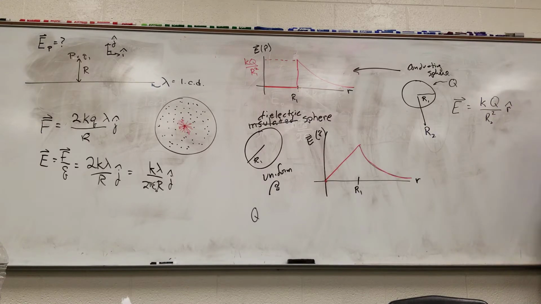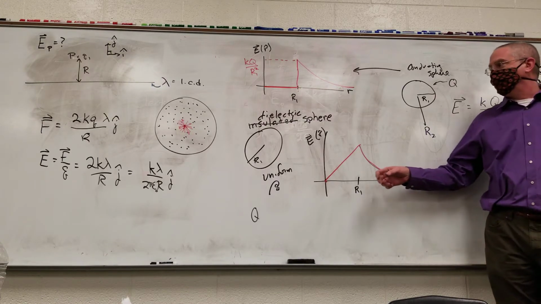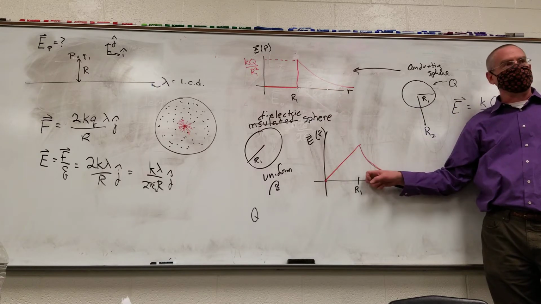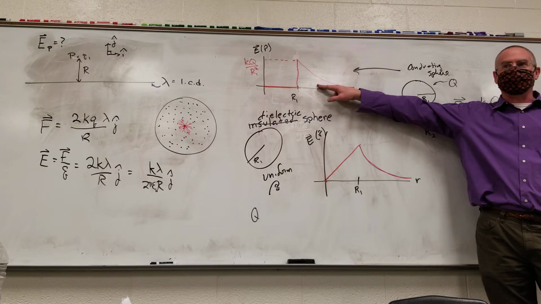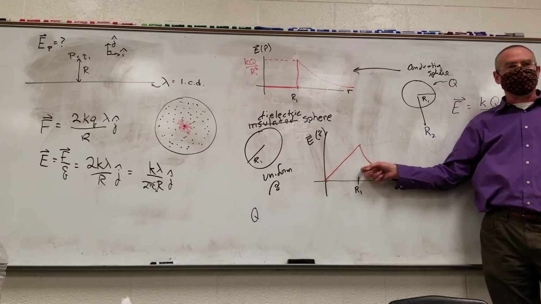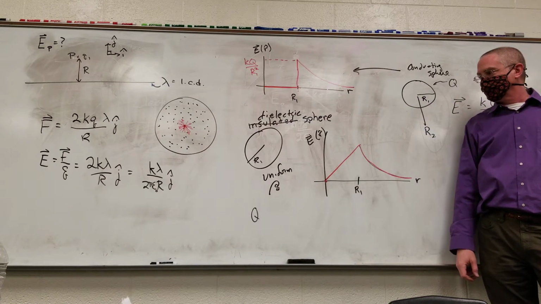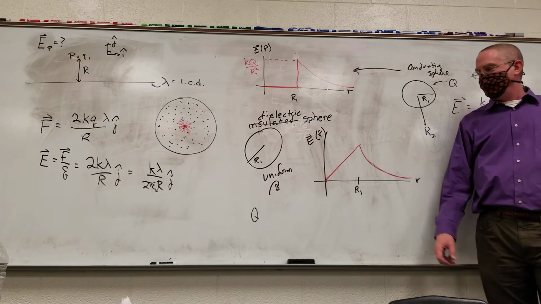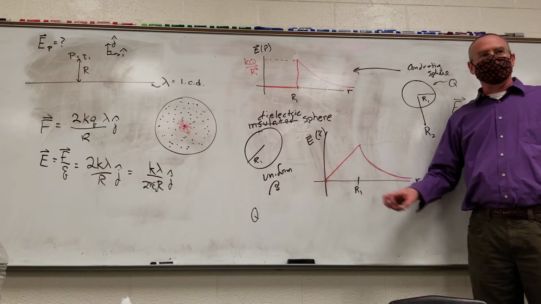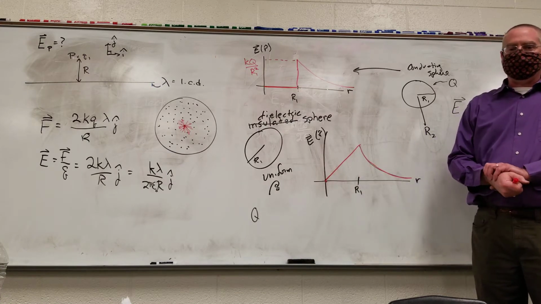Looking at the electric field here, if I just gave you the two charts, you should have some pretty good sense. This has all the excess charge on the surface. This is even distribution throughout. Now, if I ignore the even distribution, I could set up something other than a straight line here, but I'll save that for the test.